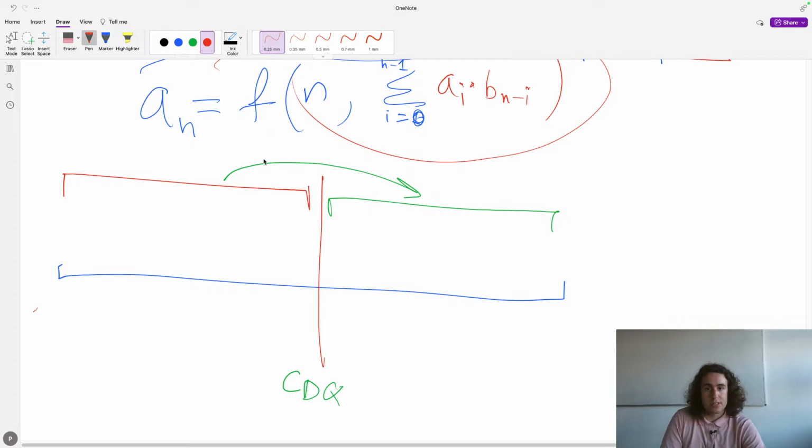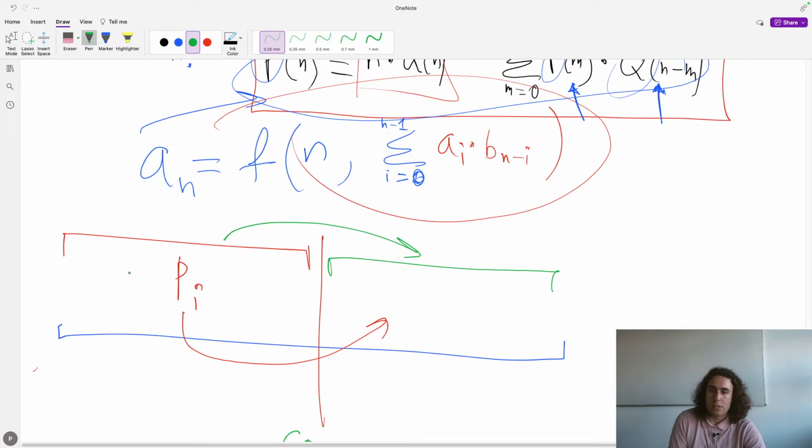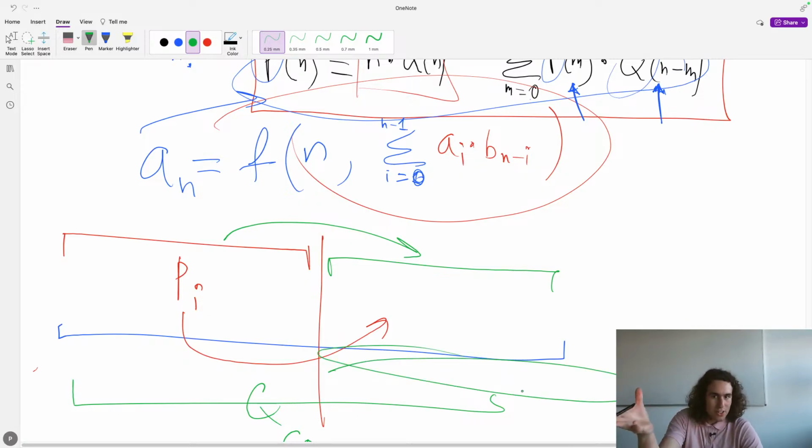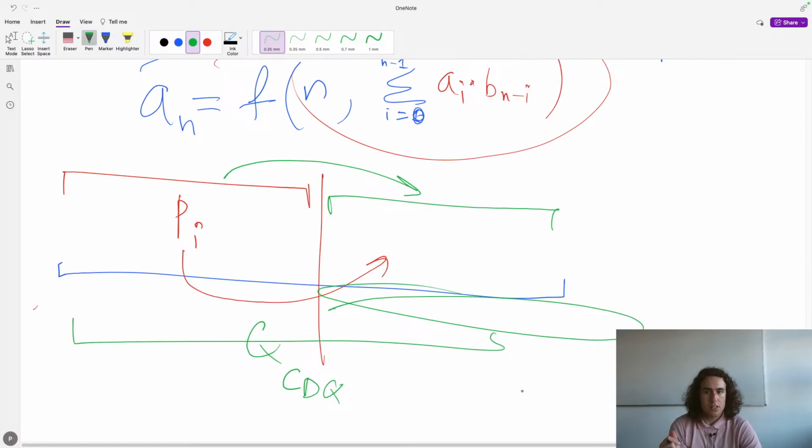So what is the influence, right? All the values p_i from here, how do they influence this part? Well, we just take this and we multiply it by q, and then we learn what is the influence of the left part onto the right part. So we actually need to do only one FFT. We run on the left, we compute correctly the values on the left, then we run one FFT, we compute the influence and add this influence onto the right part, and then we recursively go into the right part.